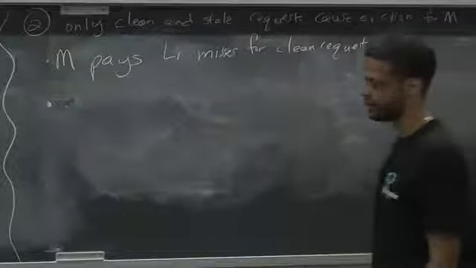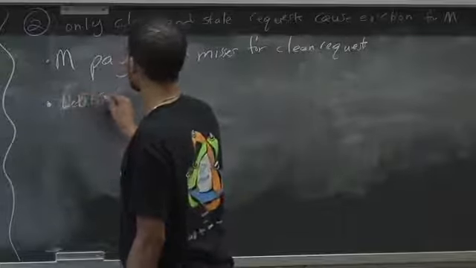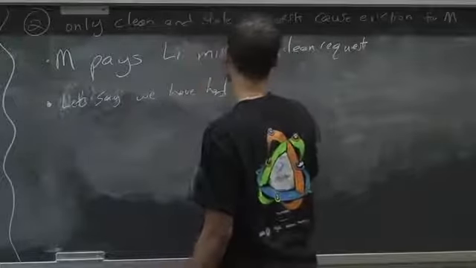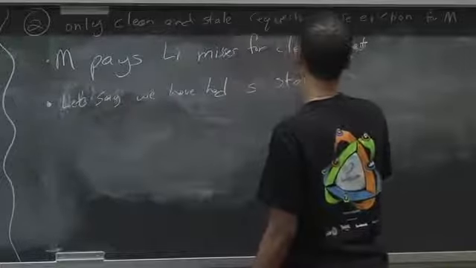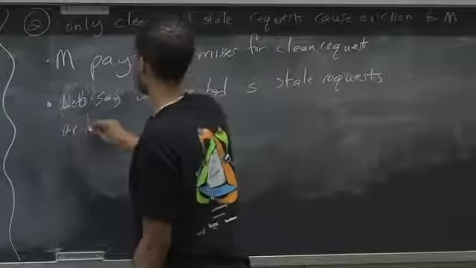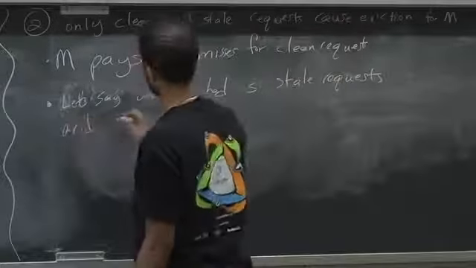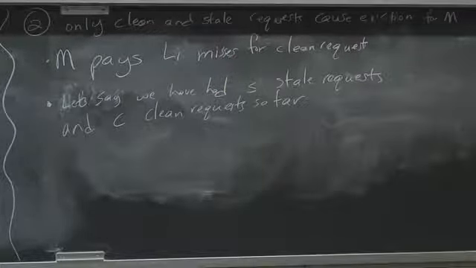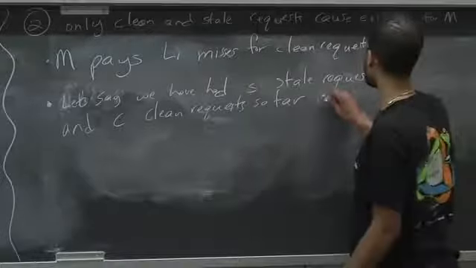So, okay, let's say we have had S stale requests and C clean requests so far. So we're at a point in time. We've had this many requests so far in the current phase.